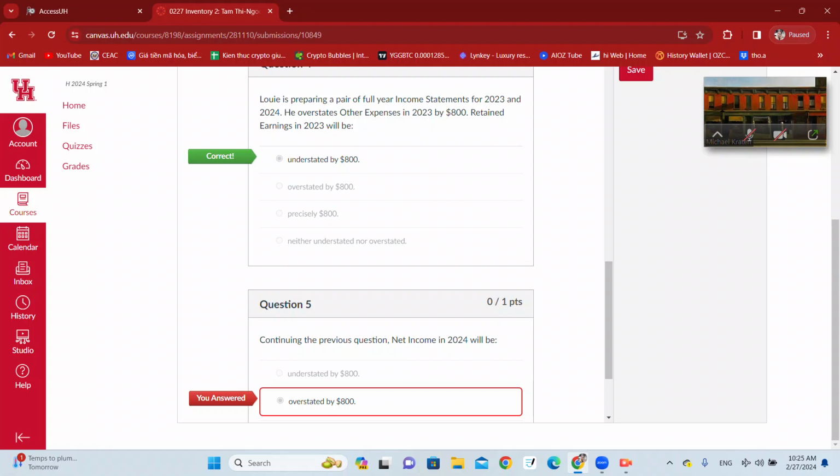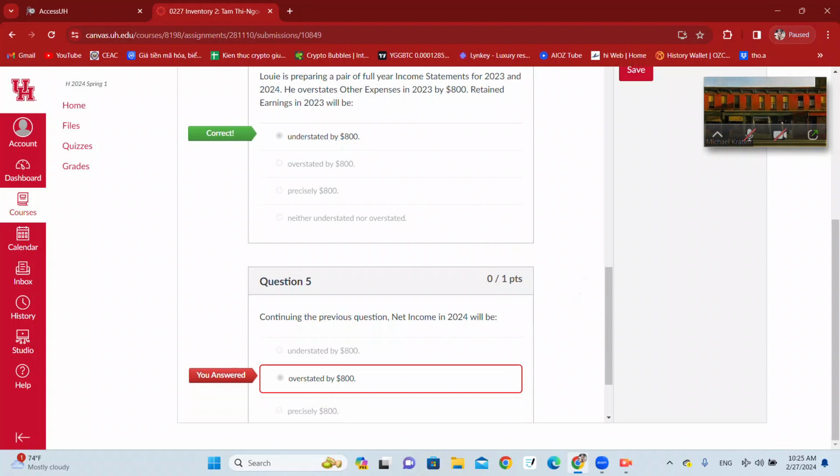Well, is net income overstated or understated? No, because the only problem we're dealing with is prior year expenses being off, and therefore prior year net income is off.